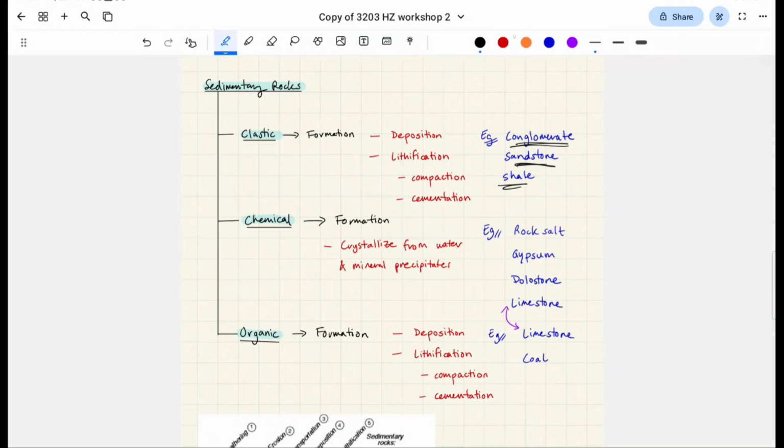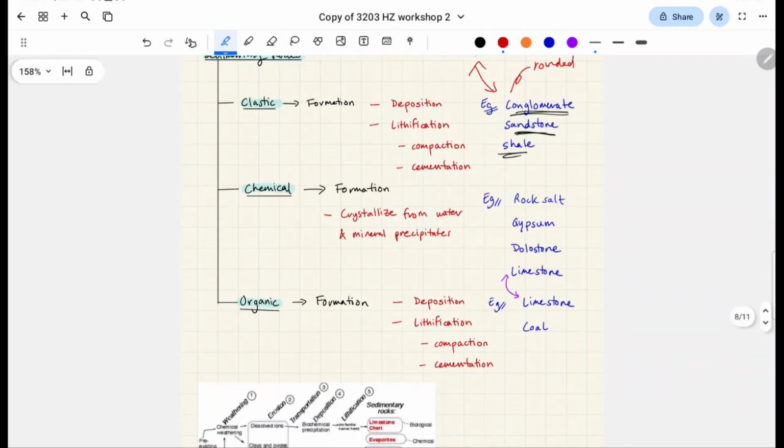Particularly, conglomerate is your rounded ones. You might hear breccia. Breccia is your angular rocks, but they're both about boulder to pebble size particles.